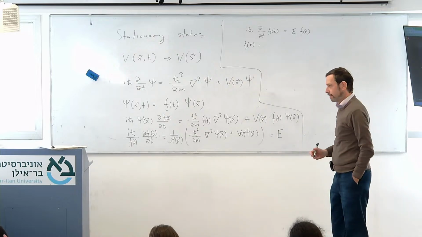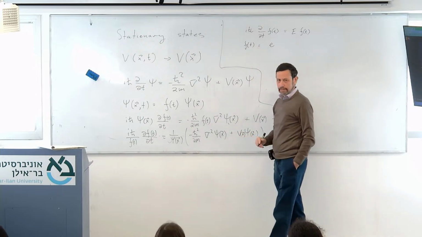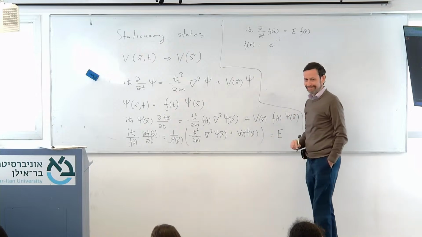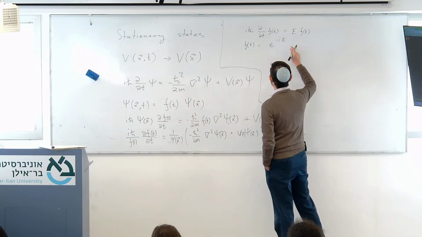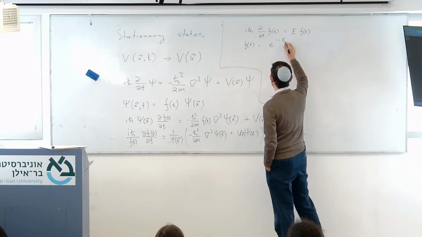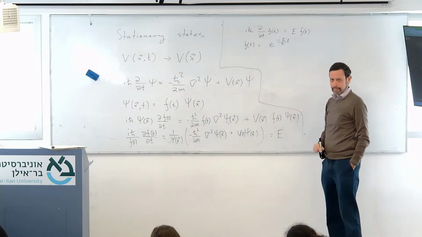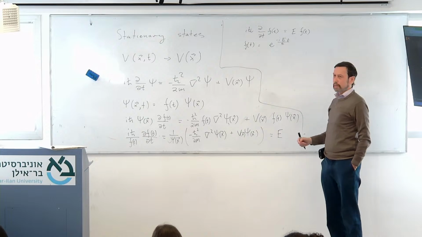E to the power of minus iEt divided by h bar. Right? If you're not convinced, perform a derivative.